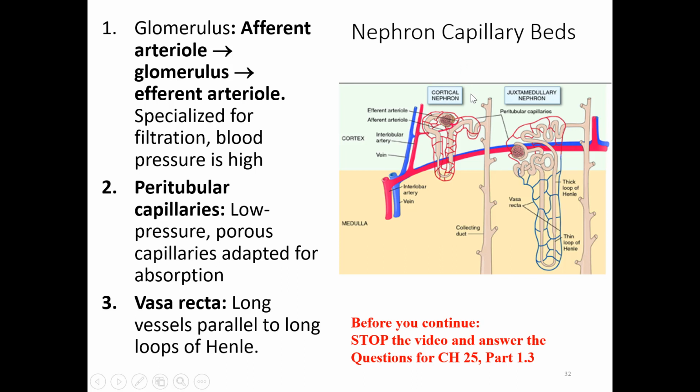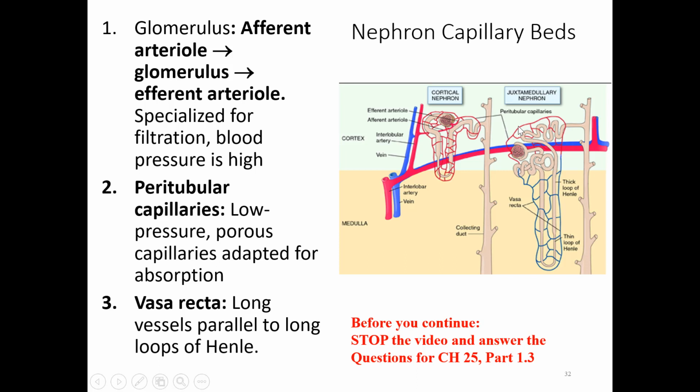Nephron capillary beds. What are those? Those are blood vessels, tiny capillaries, surrounding the nephron tubules, nephron loops, all the way right here. And it all starts from the afferent arteriole that enters into the glomerulus, then the glomerulus itself, then will be the efferent arteriole.